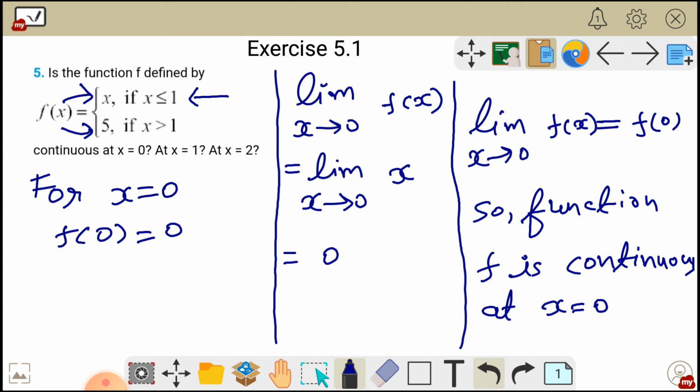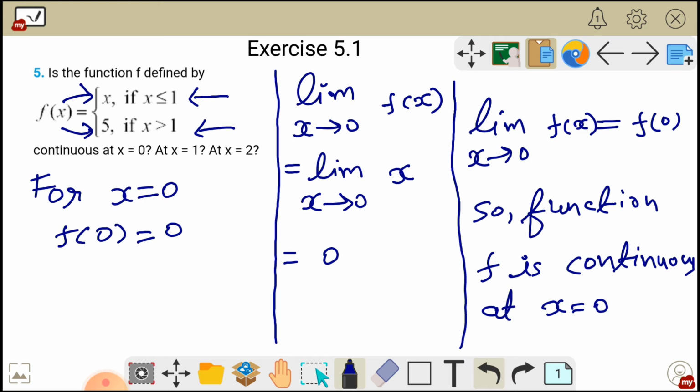From the left side of 1, that means all the points which are less than 1, f of x is equal to x, and for all the points which are greater than 1, f of x is equal to 5. So it is necessary that the limit of the function from the left side and from the right side should coincide.